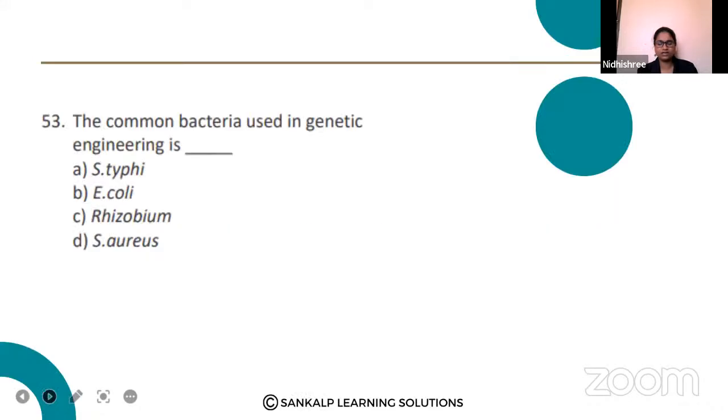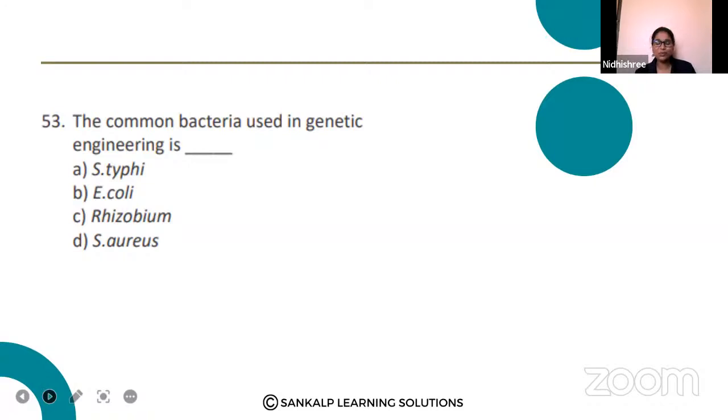It's not D. 53rd question. The common bacteria used in genetic engineering is dash. Until I complete reading all the options, please don't answer through mic. Option A, S. typhi. Option B, E. coli.